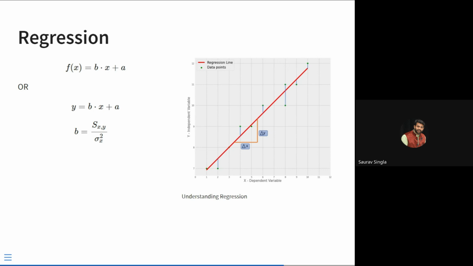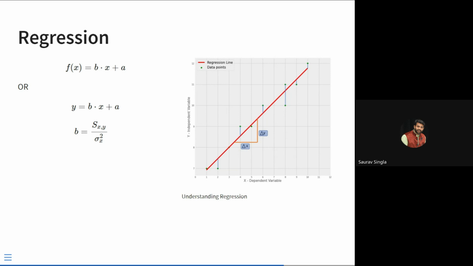Okay. Now in case of a linear line, there are delta x and delta y. The formula for slope m is delta y by delta x, that is the change in y divided by the change in x. That is called the slope m.